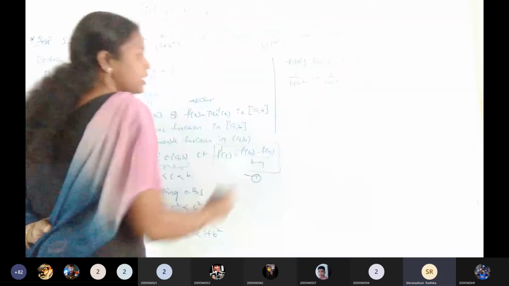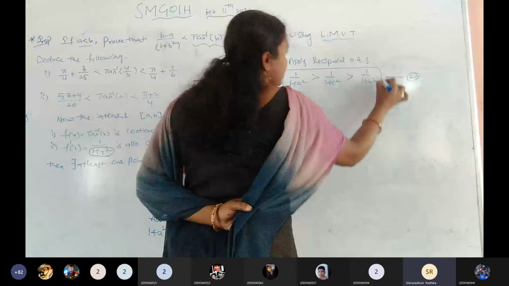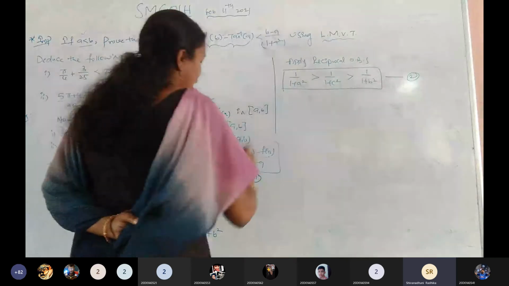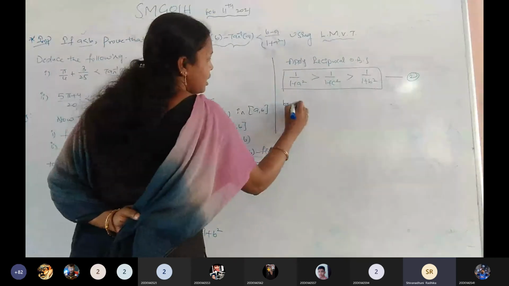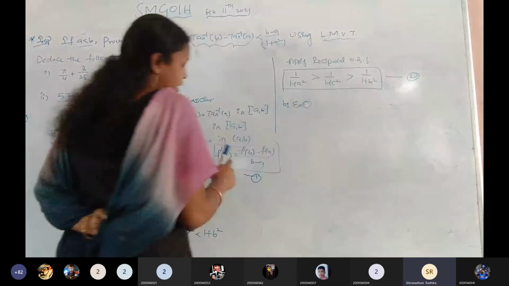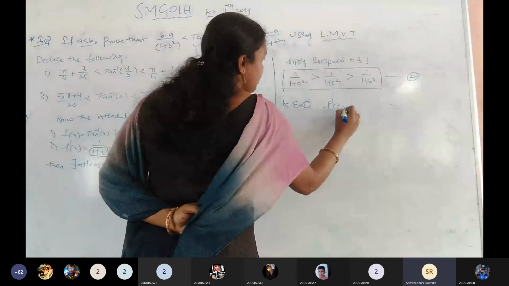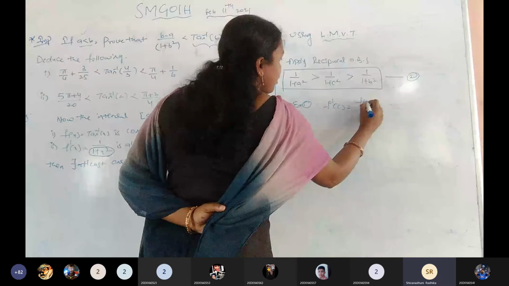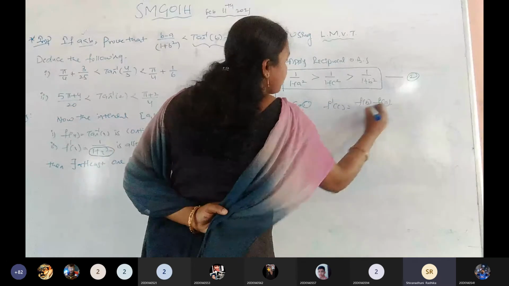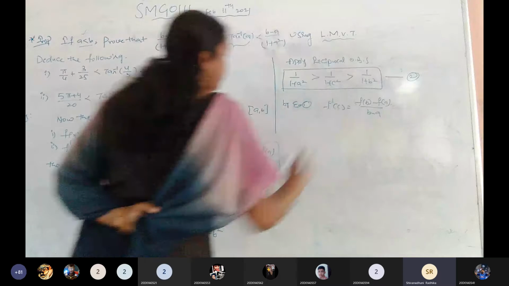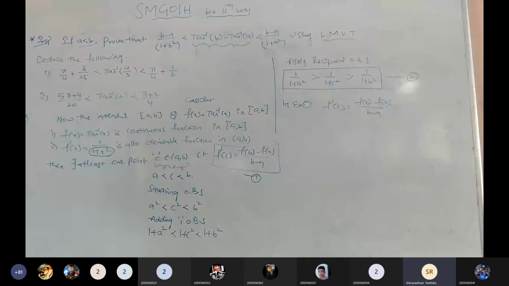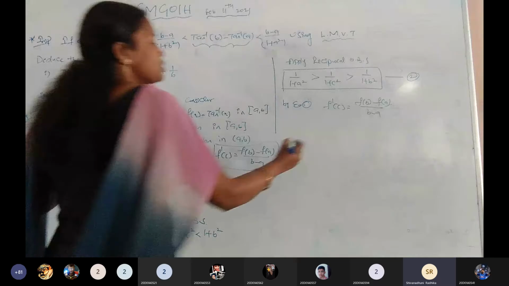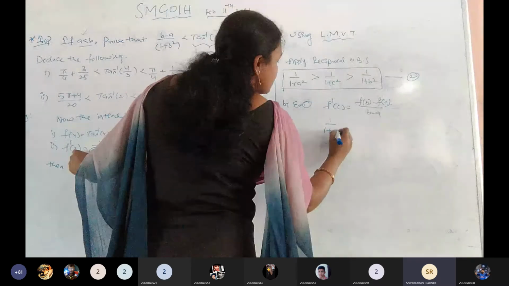Okay. Now say this is equation number 2 and this is equation number 1. This is all completed, but just leave it here, make one side, and take equation number 1. What is equation number 1 here? F dash of c equals f of b minus f of a by b minus a. And what is f dash of c here? F dash of x equals 1 by 1 plus x square, so f dash of c, substituting x equals c, is 1 by 1 plus c square.